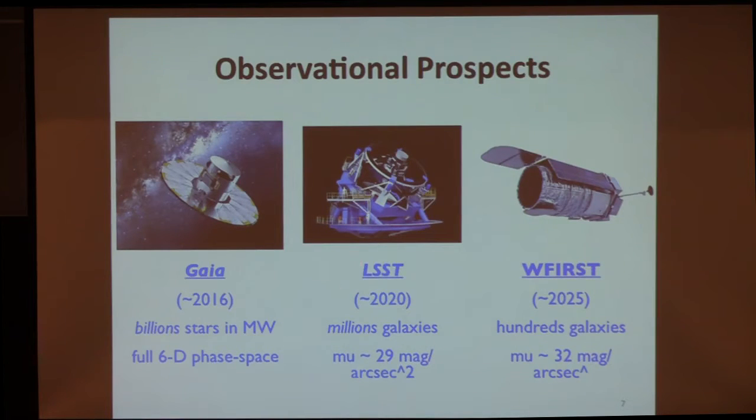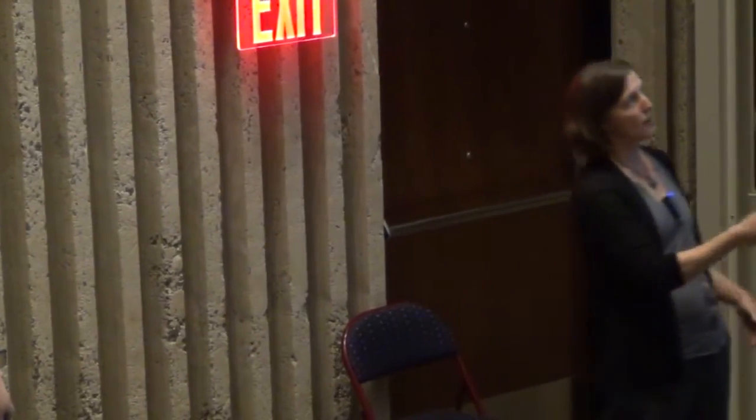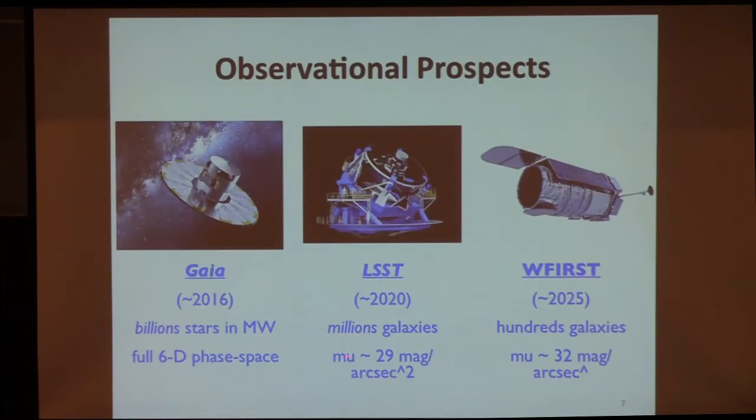Looking further ahead, there's the Large Synoptic Survey Telescope. The relevant thing for this talk is it's going to be able to survey hundreds of millions of galaxies, and it's going to take images over and over and over again. If you add all those images up, you're going to be able to reach really low surface brightnesses. 29th magnitudes per square arc second, I'm sure that means a lot to you, right? The images I showed you in the star count maps would go a little more than a factor of 10 deeper than this.